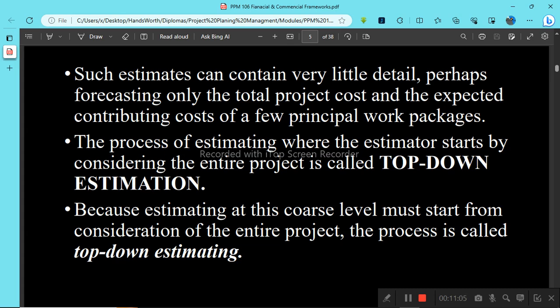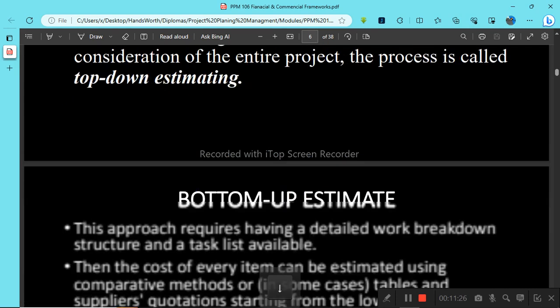The process of estimating, where the estimator starts by considering the entire project, is what is known as top-down estimation. Because estimating at this cost level must start from consideration of the entire project, the process is known as top-down estimation.